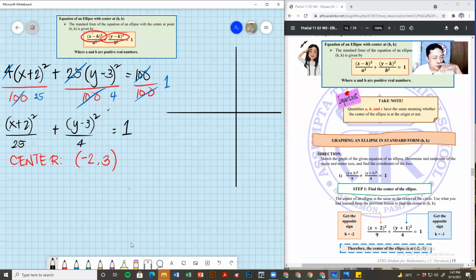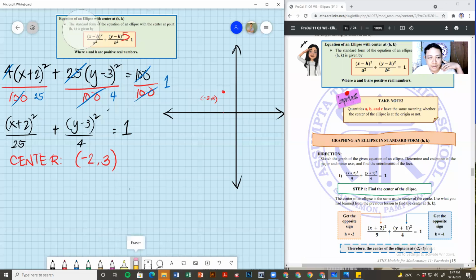Okay. So we have here our Cartesian plane. So we have negative 2, 3. Let's now plot our center. Negative 2, then 1, 2, 3. There is our center, and that is negative 2, 3. Okay? That's it.